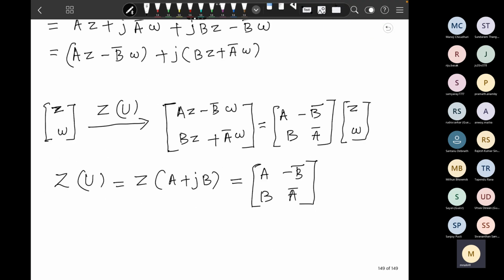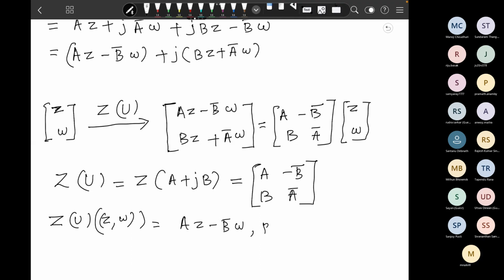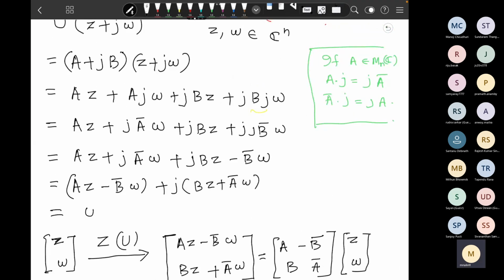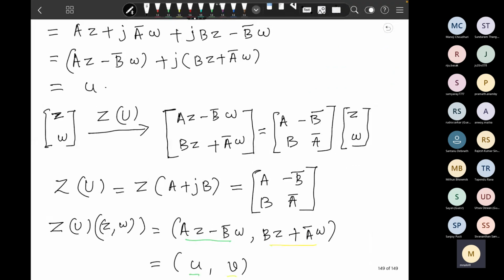Now in the row form I will write ZU applied on (Z, W) as AZ minus B bar W, BZ plus A bar W. The first one I will call U, the second one I will call V. So I can write AZ minus B bar W is U, so U plus JB.